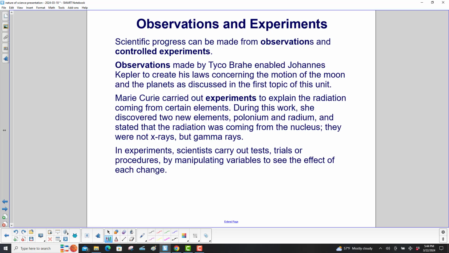Scientific progress can be made from observations and controlled experiments. Observations made by Tycho Brahe, and we talked about him earlier, enabled Johannes Kepler to create his laws concerning the motion of the moon and the planets as discussed in the first topic of this unit. Marie Curie carried out experiments to explain the radiation coming from certain elements.